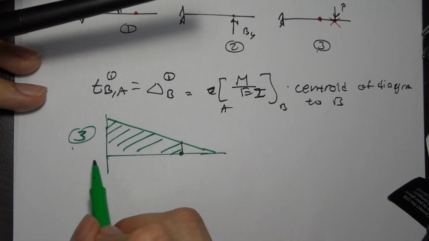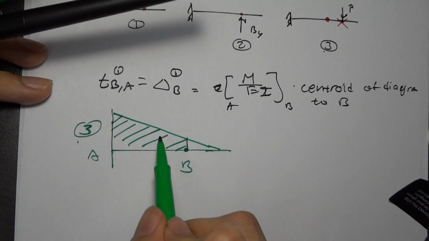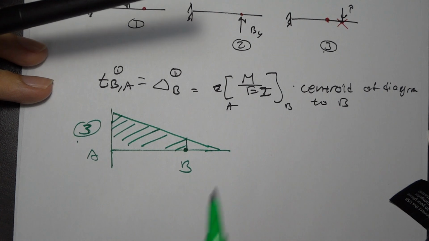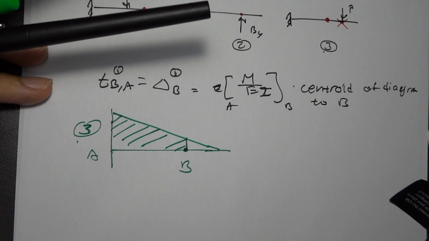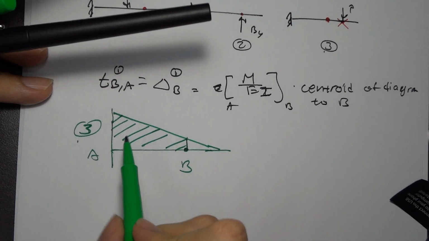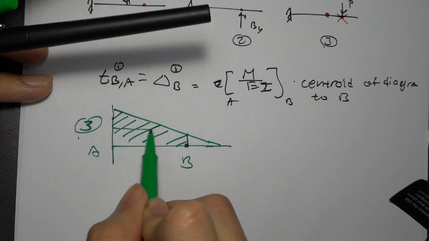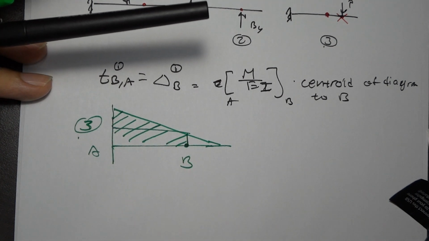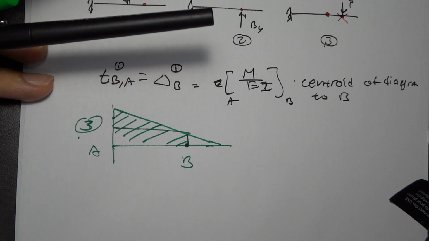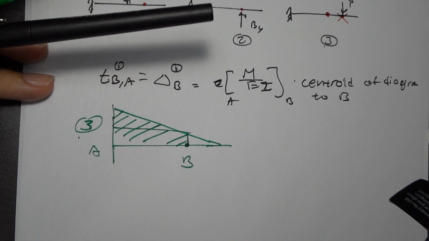You only go from A to B. So you don't have a true triangle here. You have a trapezoid shape, and I don't think trapezoid shapes are very fun to work with. Finding the center of area of this is a little bit tricky. I would just split this up into a triangle and a rectangle. But just keep following the steps, and you should be able to get to the same thing.